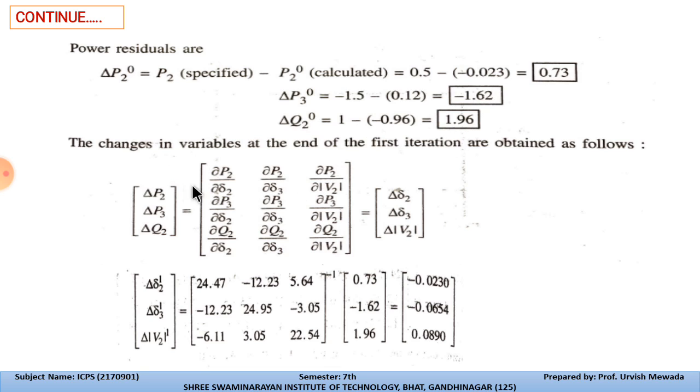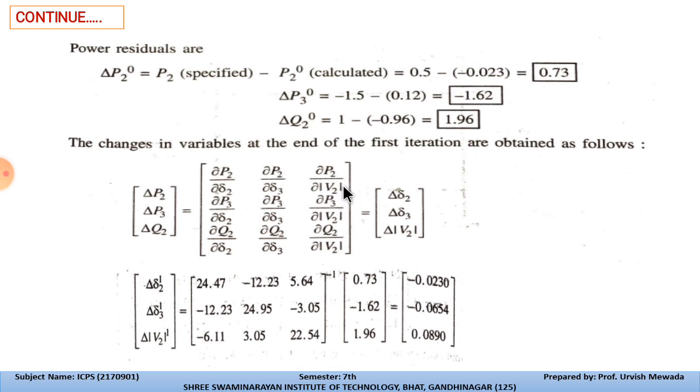So after that, the changes in the variable at the end of the first iteration are obtained as, that is delta P2, delta P3 and delta Q2 is equal to, this is the matrix that we form, that is del P2 by del delta 2 and P3 and Q2, and these are the other values that we put over here, that is P2, P3 and Q2, and we are differentiating it with respect to the power angle.